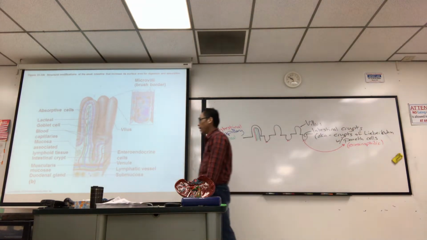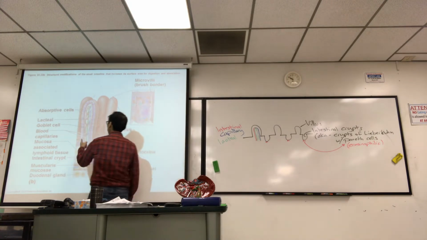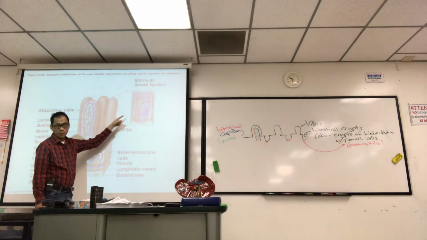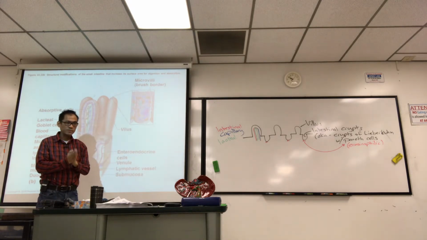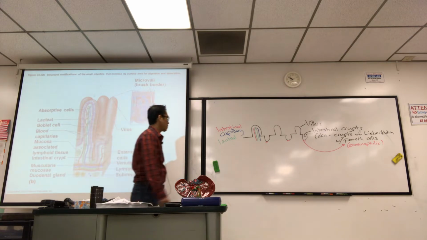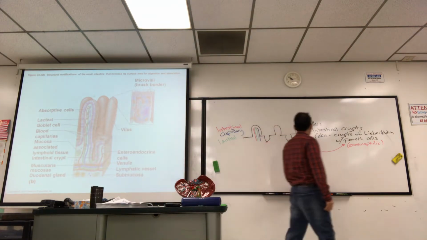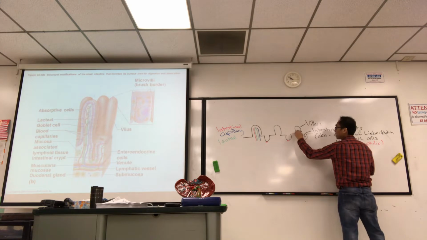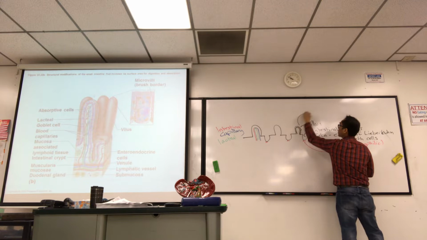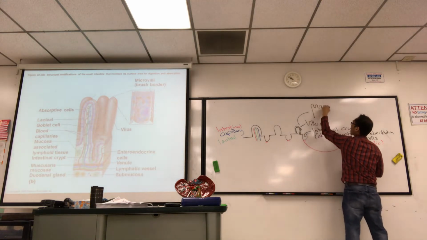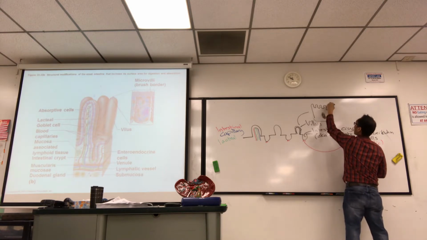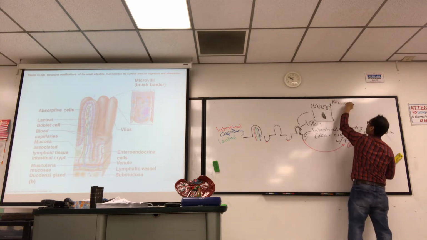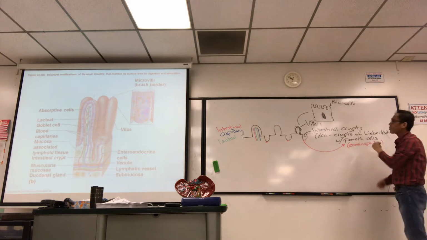Now the villi are lined with a simple columnar epithelium that presents a brush border. Okay, and that's the last folding. You fold the cell membrane for the absorptive surface. So the villus is lined with an epithelium with a simple columnar epithelium. That's your microvilli brush border.